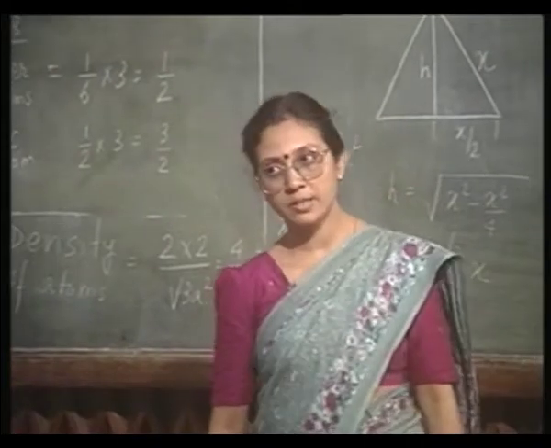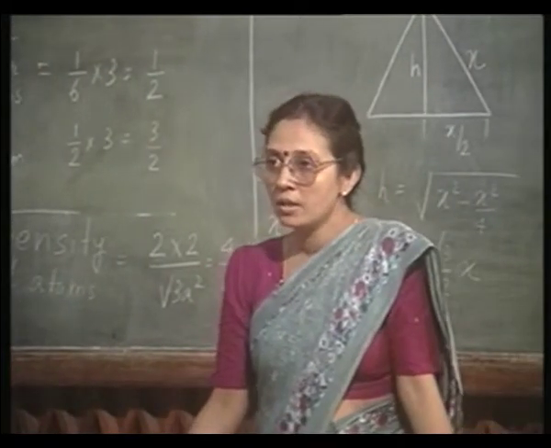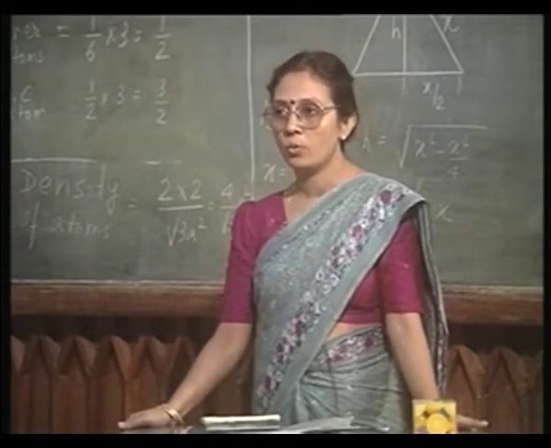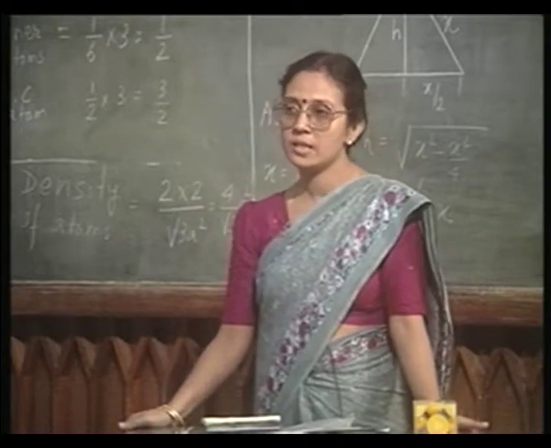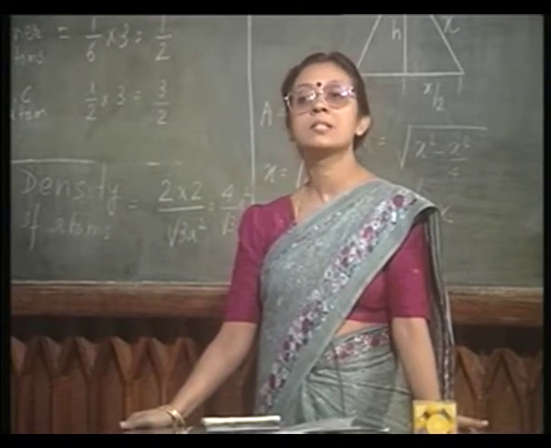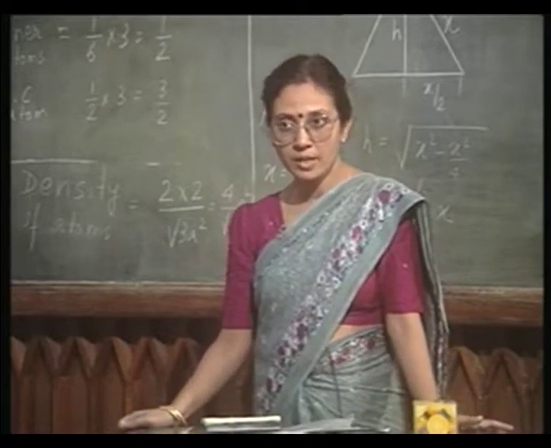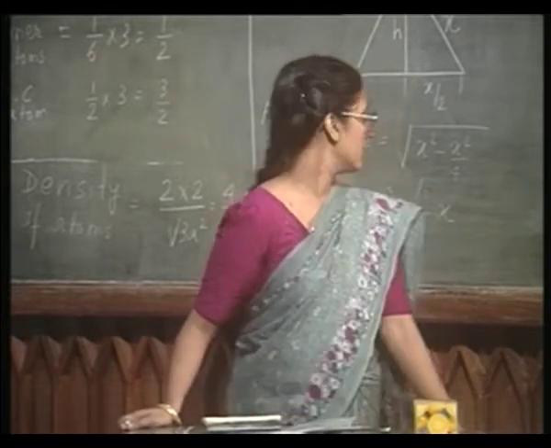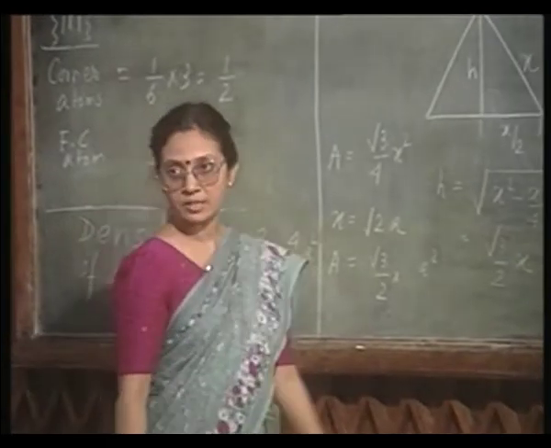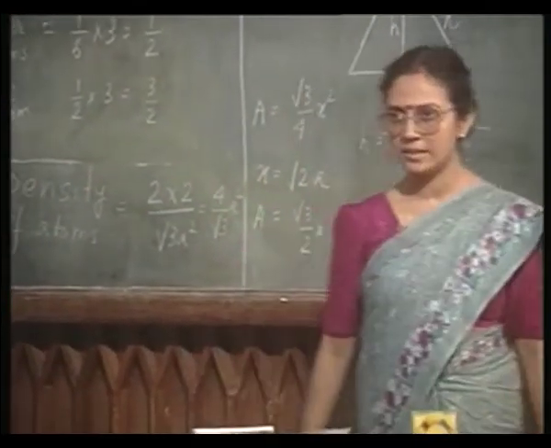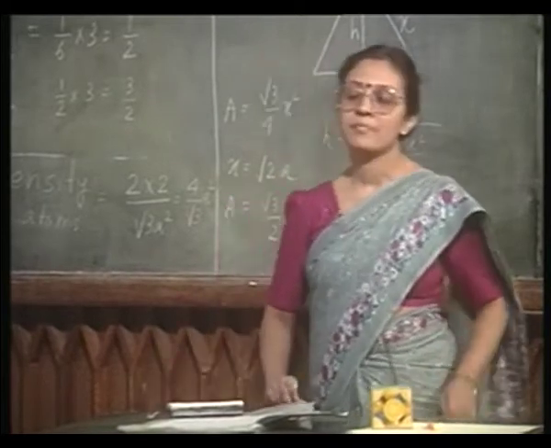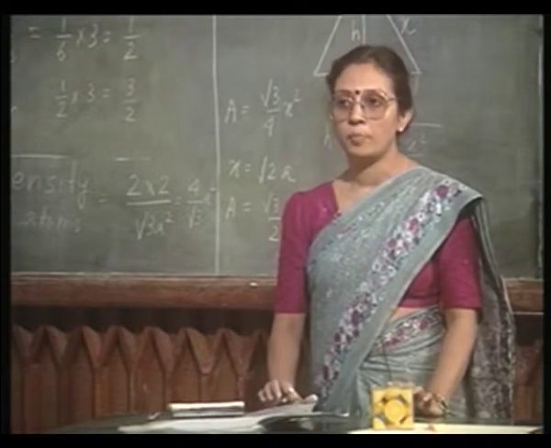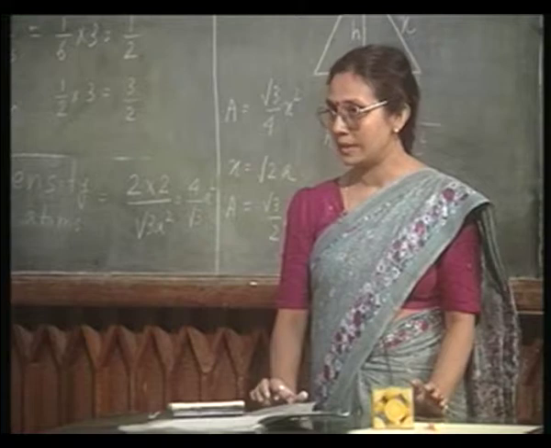So, we have calculated the packing density of the 3 most important planes for our purpose, that is 100, 110 and 111, and you have seen that the packing density in 100 plane is 2 by a square, packing density in 110 plane is 2 root 2 by a square, and packing density in 111 plane is 4 by root 3 a square. Why am I harping on this packing density? Because the packing density controls certain important properties of the particular planes.